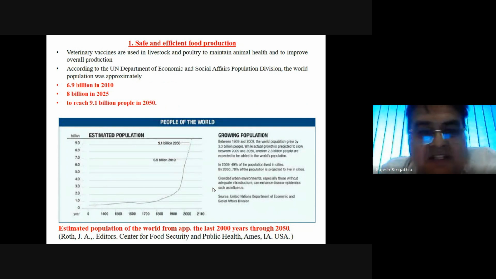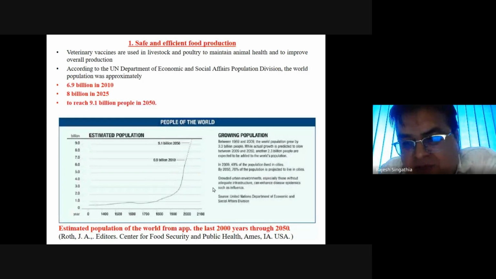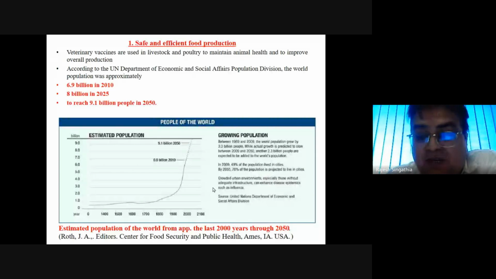These veterinary vaccines are used in livestock and poultry to maintain animal health and improve overall production. More efficient animal production and better access to high quality protein are essential to feed the growing population.